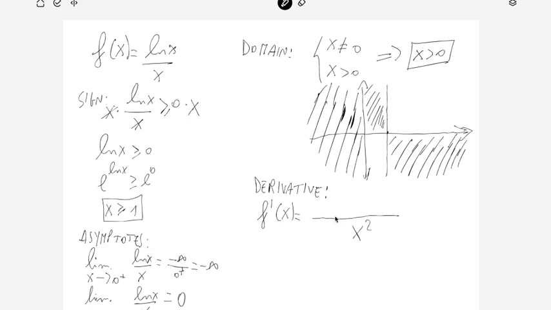And here we have the derivative of the logarithm, it is 1 over x times the denominator, minus the numerator without derivation times the derivative of the denominator, which is just 1. So we can simplify here, and we obtain that the derivative is 1 minus log x over x squared.